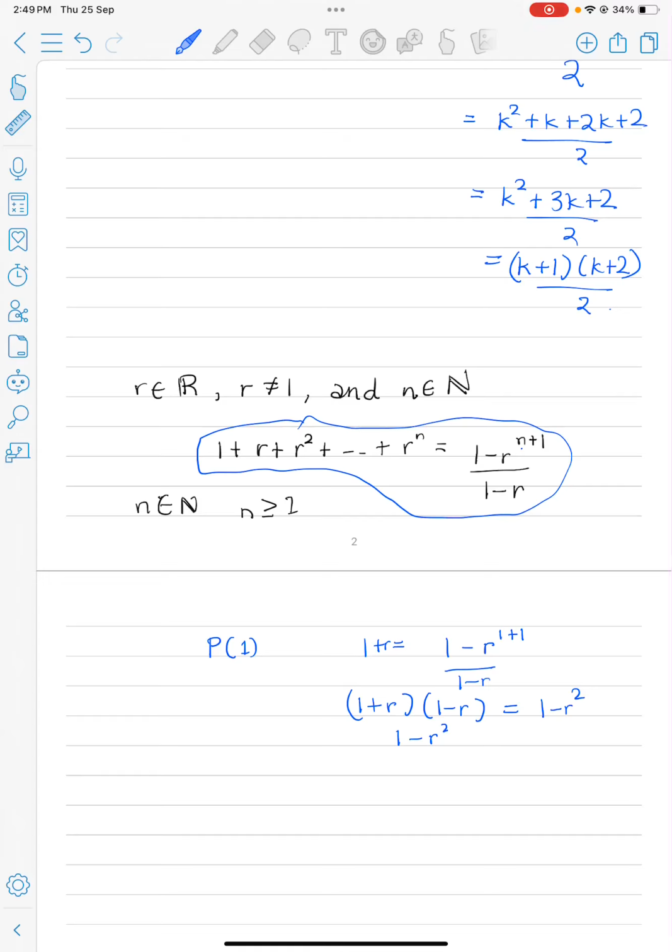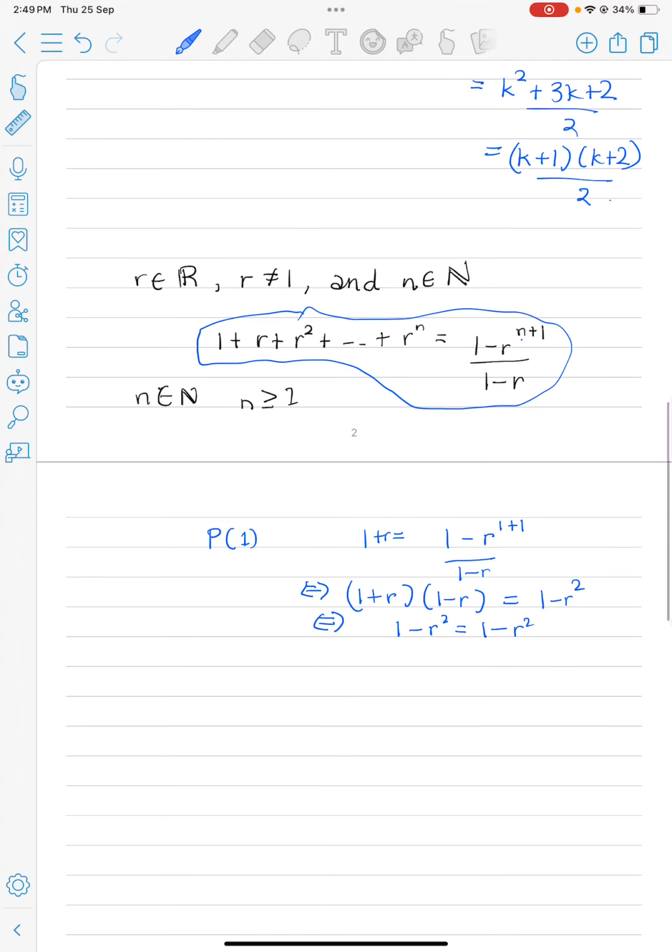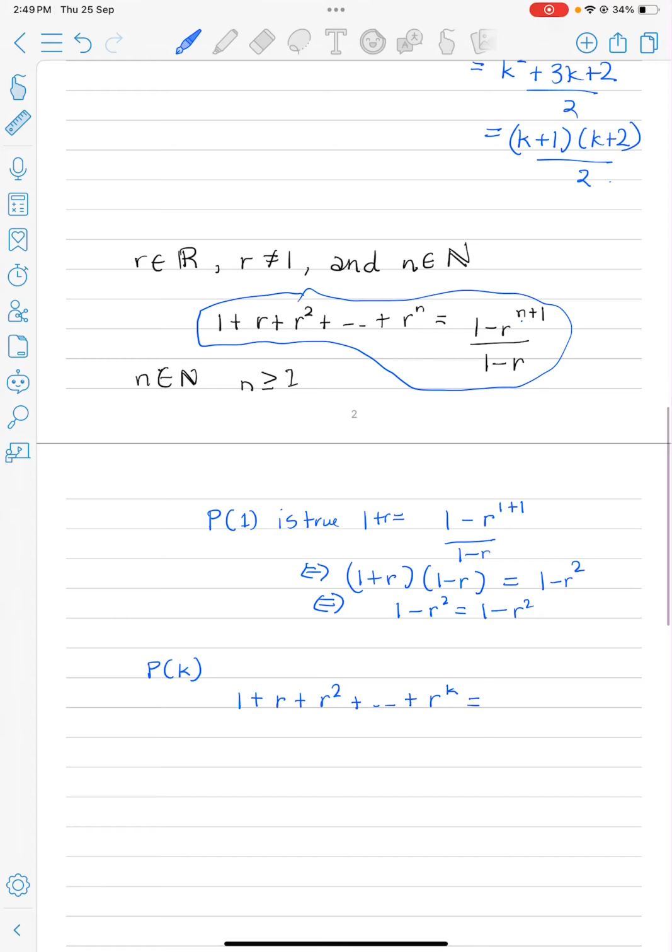So this one is true; both sides are equal. So P1 is true. Now let's assume Pk is true. That means 1 plus r plus r square till r to the k equals 1 minus r to the k plus 1 by 1 minus r. This thing is true.